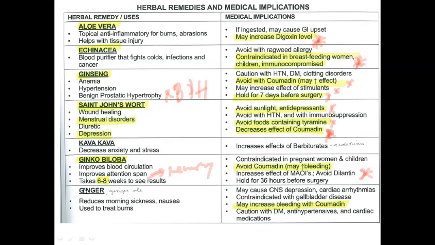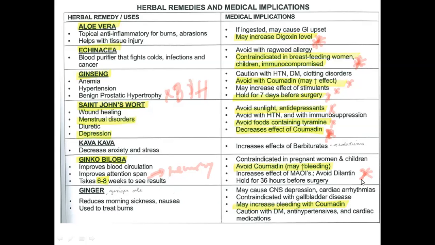Another one is called ginger. Ginger reduces the morning sickness, nausea, and is used to treat the burn, right? So they may cause central nervous system depression. They may cause cardiac arrhythmia.